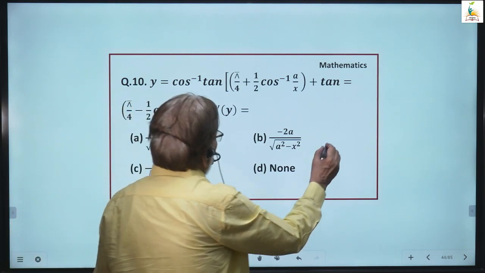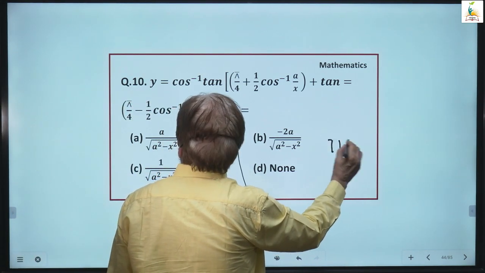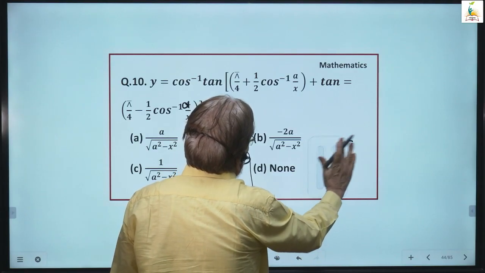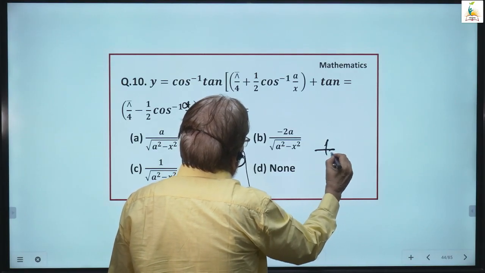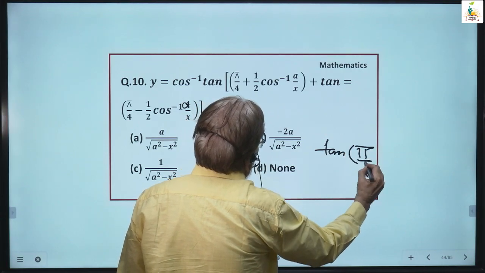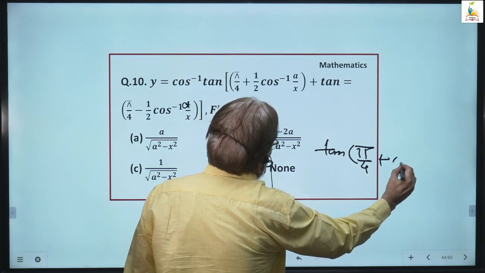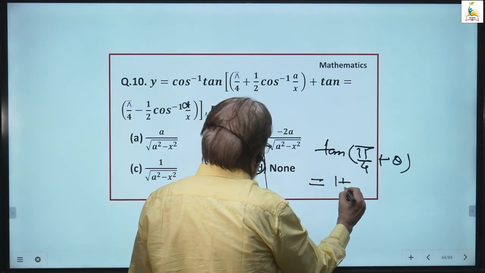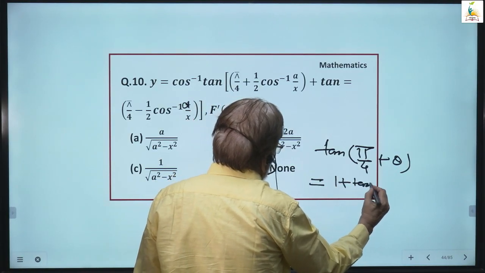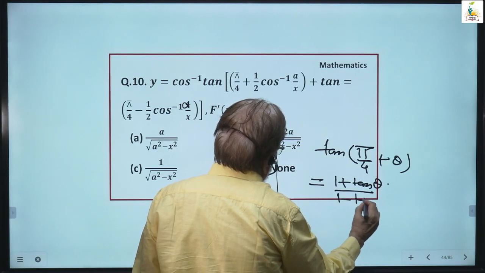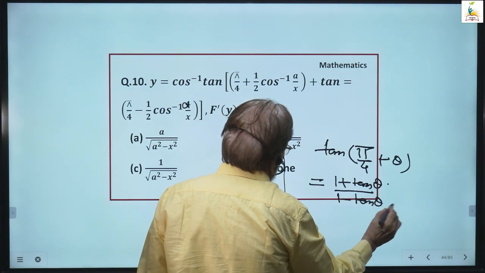Pi by 4 plus theta, tan pi by 4 plus theta is equal to 1 plus tan theta upon 1 minus tan theta.